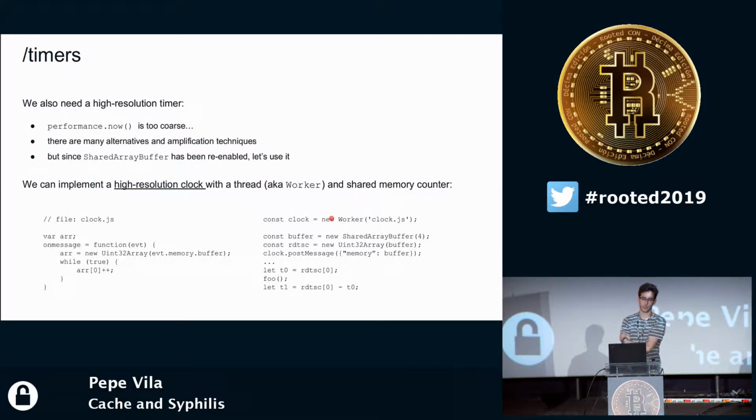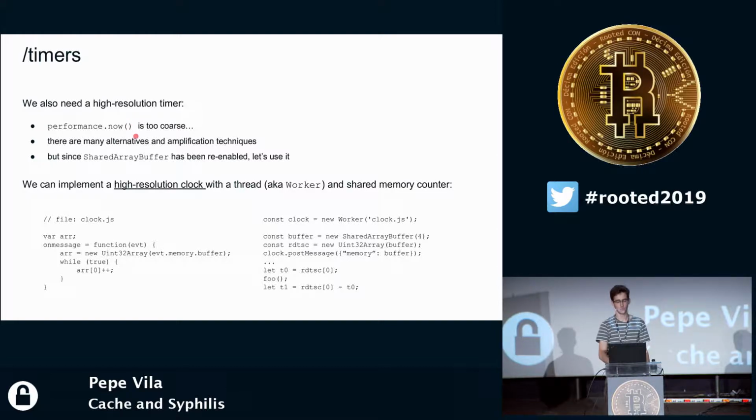So what do we miss now? What is lacking to close the loop on JavaScript? A high resolution clock, so that we can differentiate between cache or memory accesses.